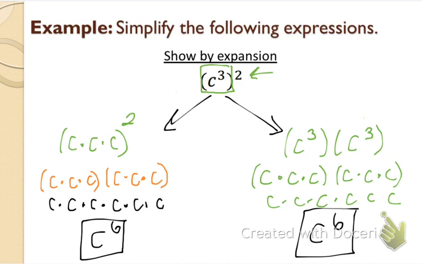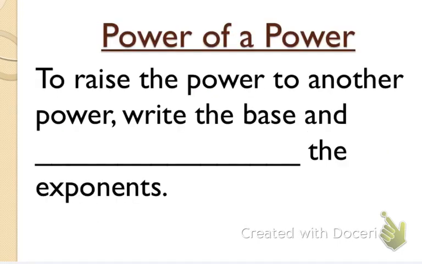Now, you might be thinking, couldn't I have gotten that 6 by somehow using those two numbers, those two exponents? Well, the answer is yes. And that brings us to the next one, the power of a power. To raise a power to another power, you're going to write the base and multiply the exponents.